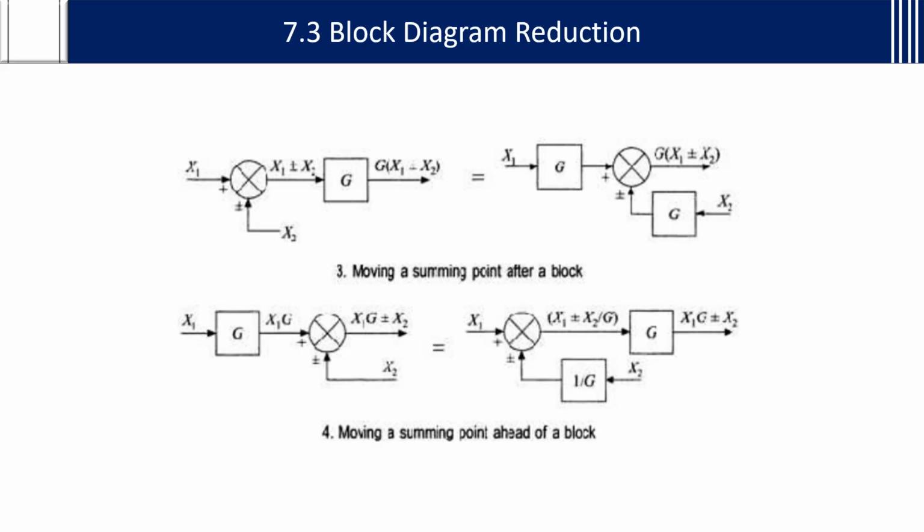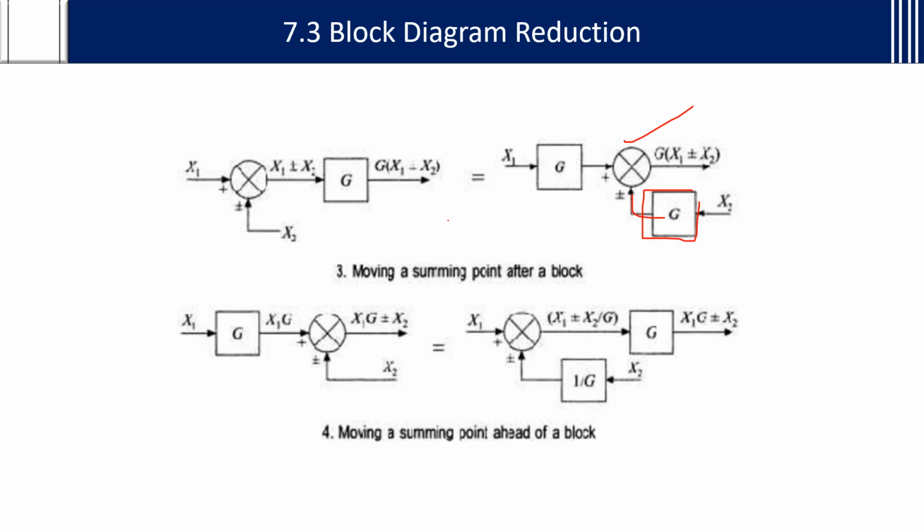Then you have moving the summing point after a block. There are some problems where there is a requirement of moving the summing point to the right side, because it should be easy to reduce. When we move it to the right side, everything will be the same, but you are going to add a G block to that signal.